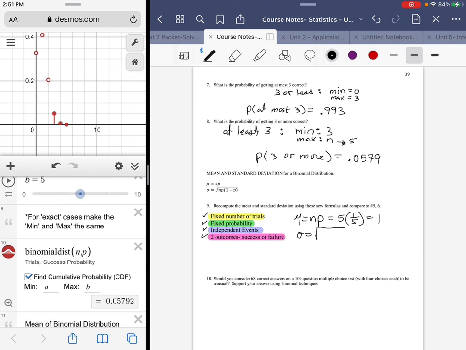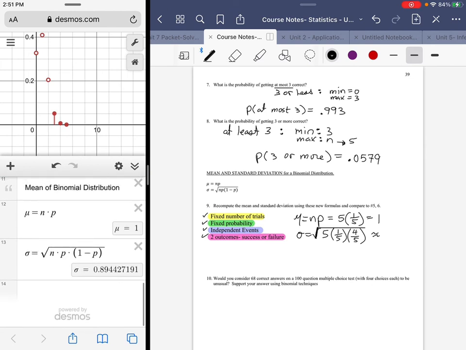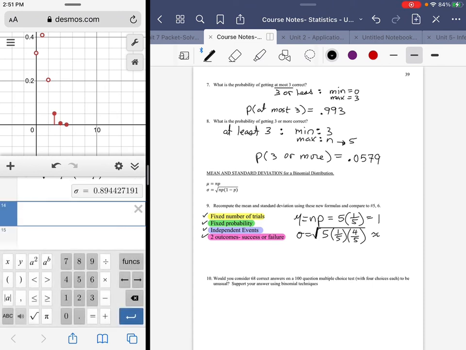Sigma is equal to the square root of n, which is 5, times probability of success, 1 out of 5, times probability of failure, 1 minus 1 out of 5, which is 4 out of 5. Pretty solid bet that that's going to be the 0.894, but you could see I've already jotted that into the program here. But maybe you don't believe.